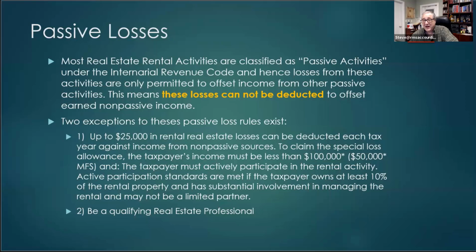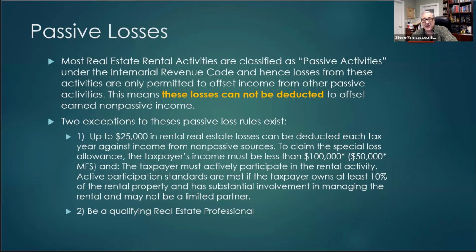Sounds great. However, if we flip it around and rental property A loses $50,000 and rental property B makes $30,000, I now have a $20,000 loss, which could be considered a suspended loss. And that depends. If my income is under $100,000, I can take $25,000 worth of losses and use them against any other income I have.